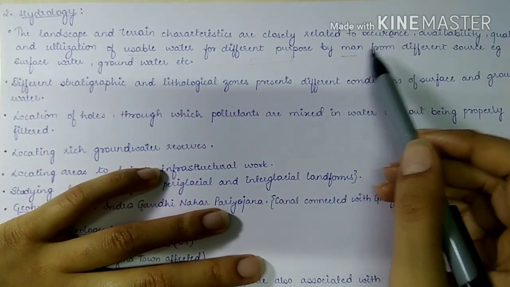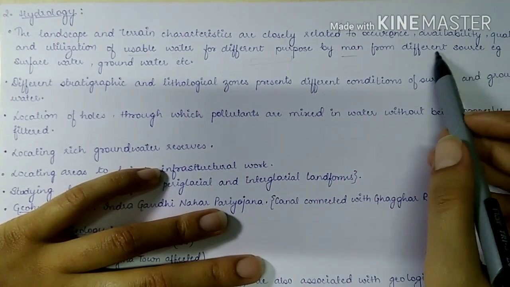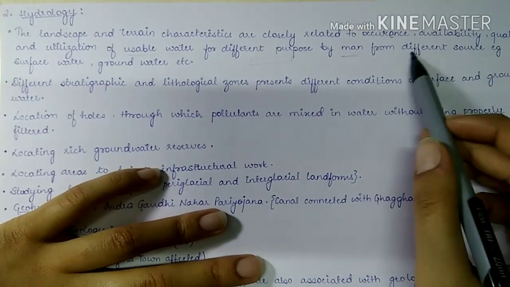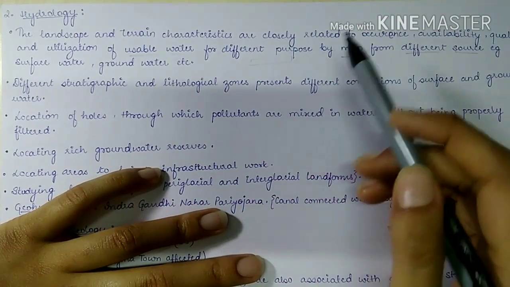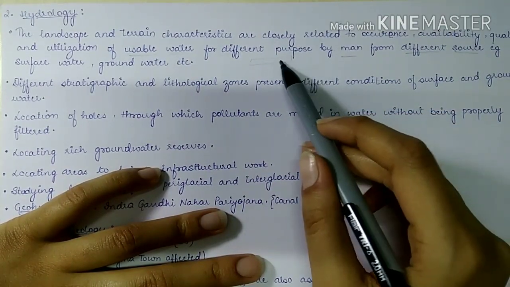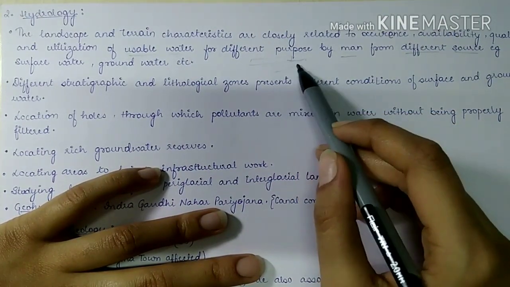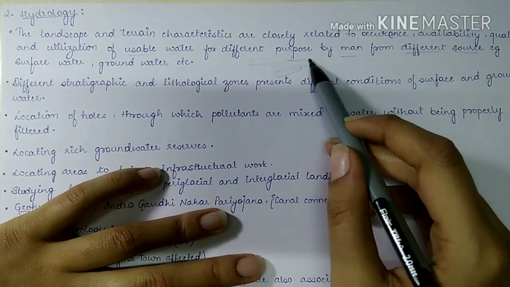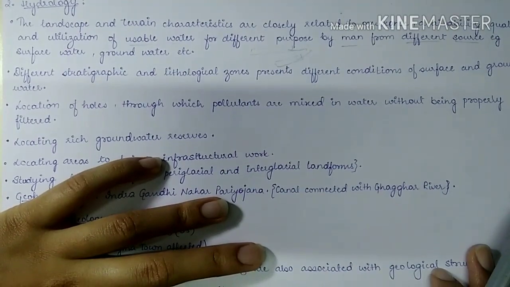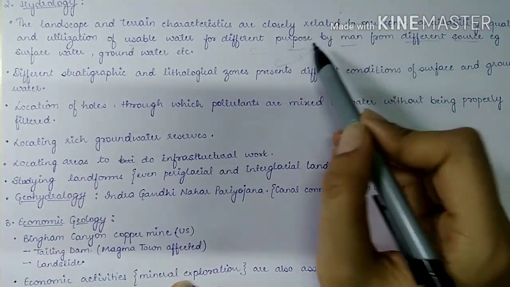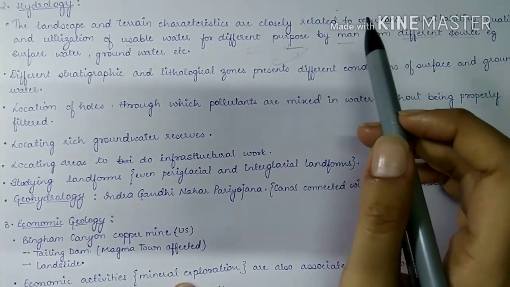All the purposes are known to us, and they come from different sources such as surface water and groundwater, and this is used for human activities. These things are looked into by applied geomorphology.